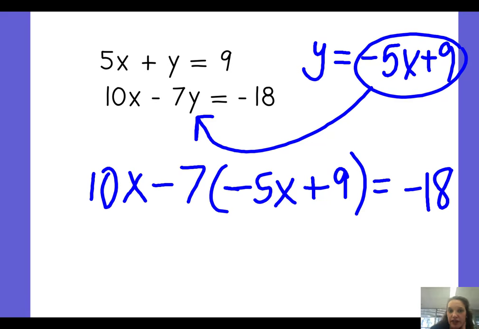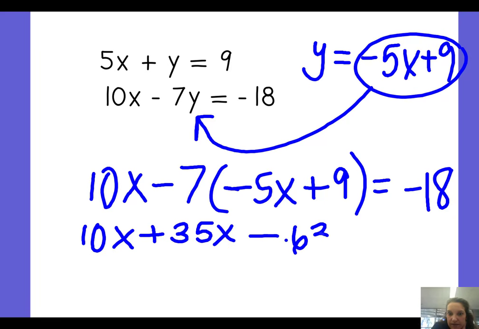So this is substitution. First I isolate one variable, so I isolated the y by subtracting 5x from both sides. Then I plugged it into the second equation. So now I've gotten rid of my y's. Now I only have x's, so I can solve because I just have one variable. I'm going to distribute that negative 7, so that gives me positive 35x minus 63 equals negative 18.